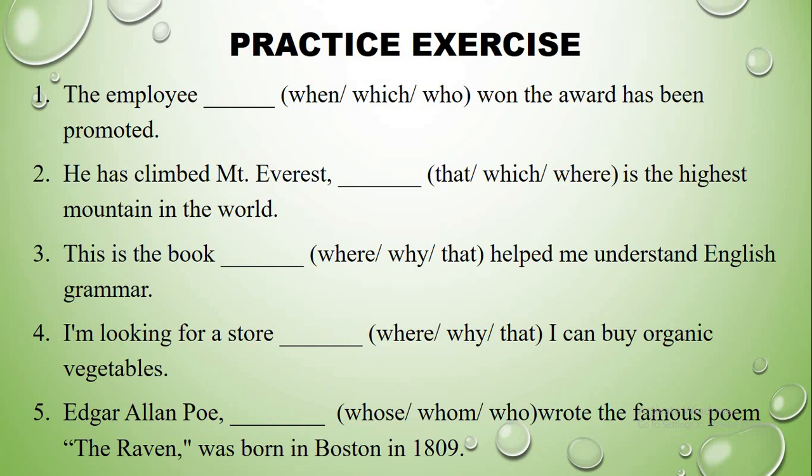And we find some practice exercises. The employee dash, in brackets we have when, which, who, won the award, has been promoted. So we find three relative pronouns here, and which could be the apt relative pronoun?